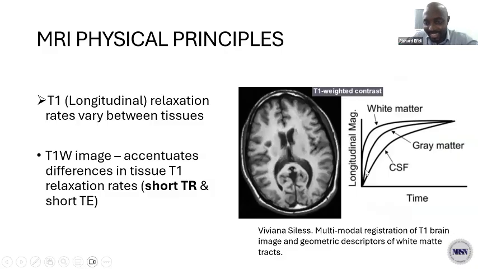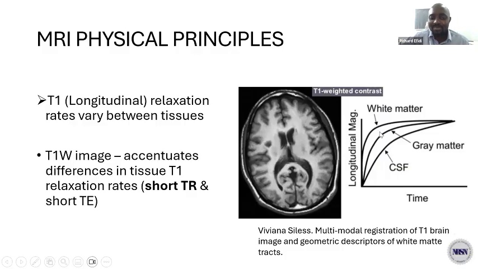So if you look at this T1 relaxation curve that shows regain of longitudinal magnetization, for instance, in the brain, we can see that the rate of longitudinal magnetization for CSF is lowest, whereas that of white matter is highest.